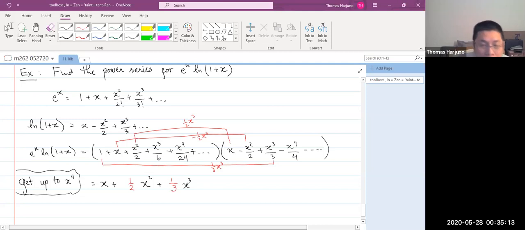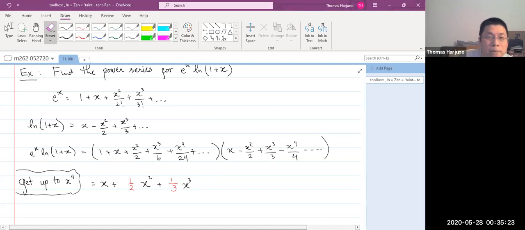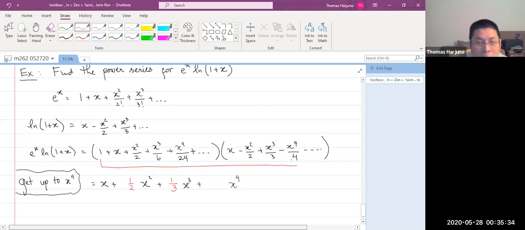Now, can you try the x to the power of 4? I give you a hint: to get x to the power of 4, you need this pair, and then this pair, and then this pair, and then this pair.